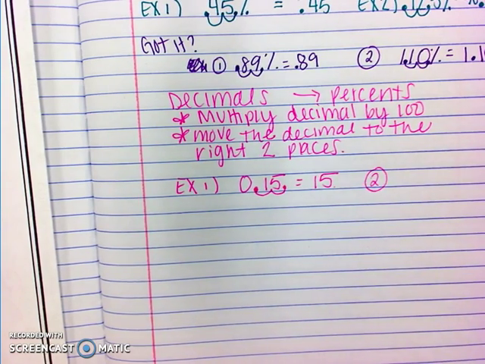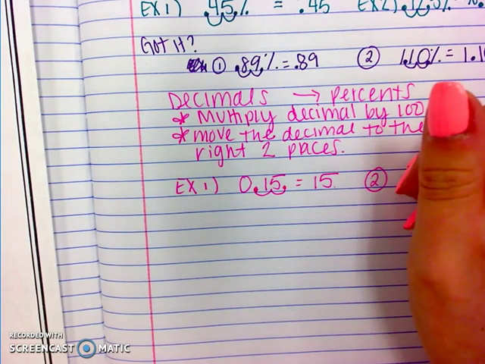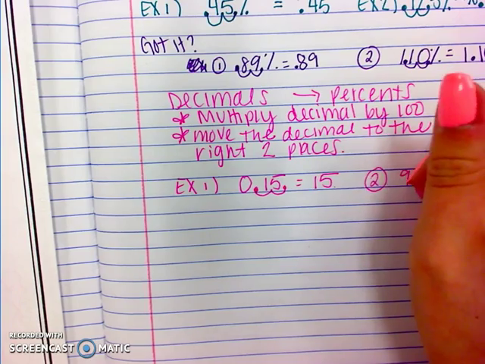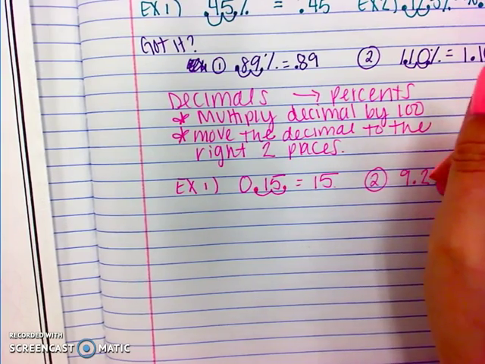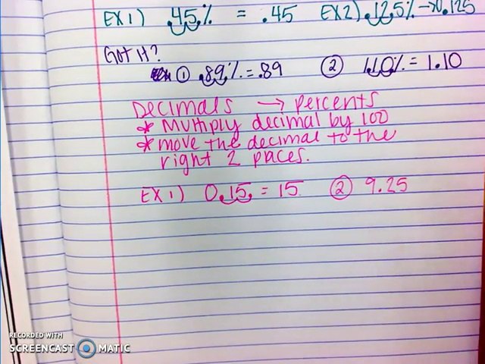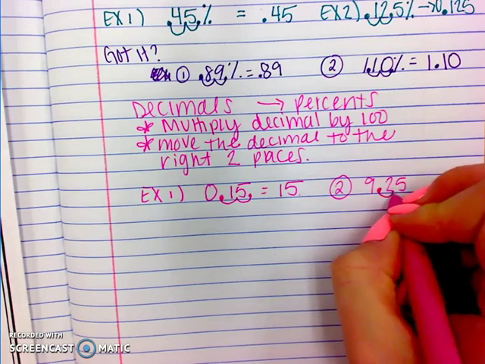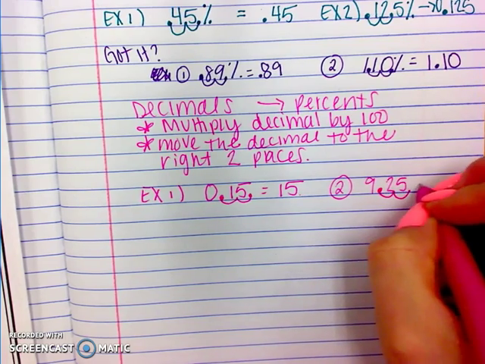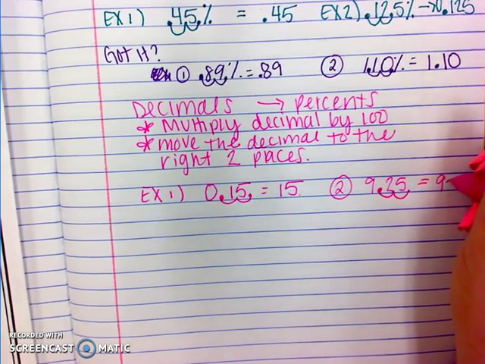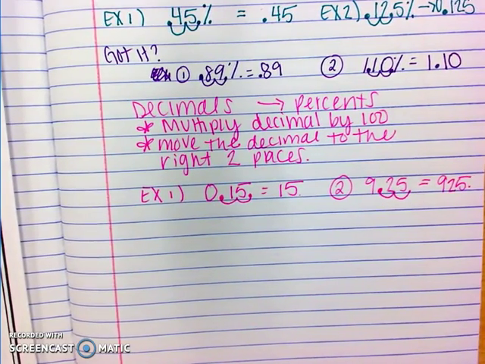Example 2. Let's say you had 9.25, and you need to turn that into a percent. I'm going to take the decimal since I see it and move it 2 places to the right. So it's now 925. You could put a decimal, you do not have to.